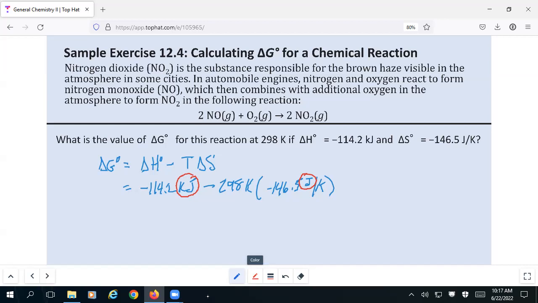So that's the perspective I kind of take on this. If you are being asked to calculate free energy or enthalpy, kilojoules is the way to go. If you're being asked to calculate entropy out of this equation, you're going to have to do a conversion to joules at some point, but you probably can save it till the end.